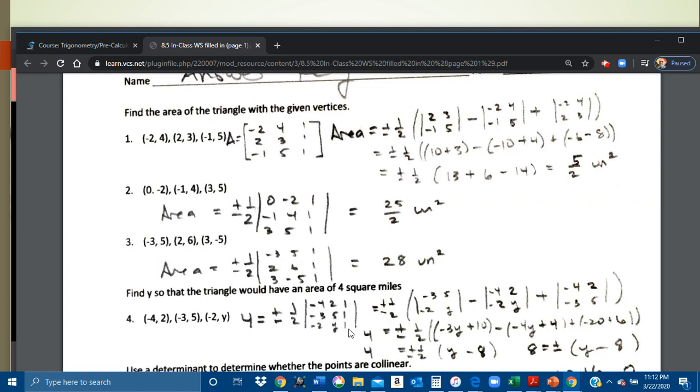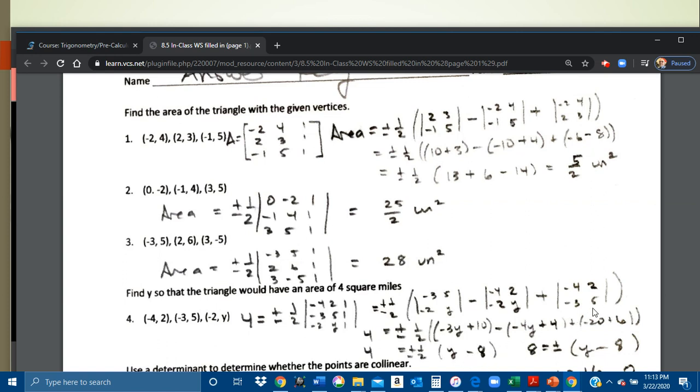minus, because I'm going plus, minus, plus, minus, here I've got -4, 2, -2, y, negative 4y plus 4, plus the last one, negative 4, 2, negative 3, 5, is negative 20 minus a negative 6, so negative 20 plus 6. If I do the math here, negative 3y plus 4y gives me a 1y. 10 plus 4 minus 20 plus 6, if I add that all up, is a negative 8.